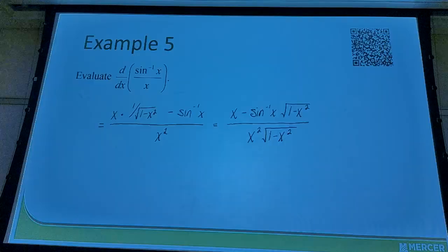That would be the derivative. Or you could pull that x squared into the square root by squaring it first. Either one.